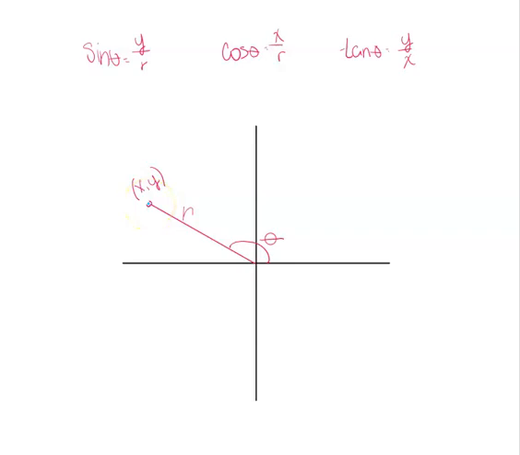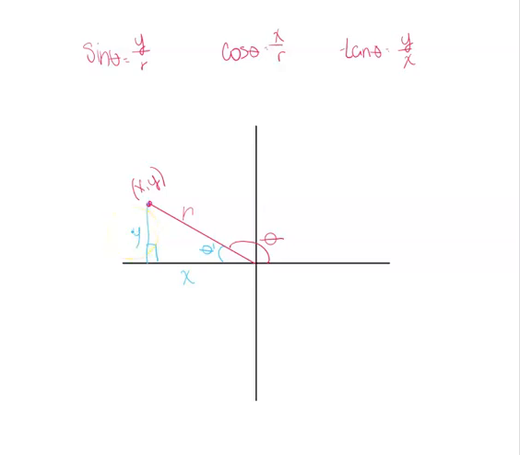But if we were to drop an altitude from the point xy down to the horizontal axis, then that gives us a right triangle. And here we have our reference angle theta prime in that right triangle. We know that this distance along this leg of the right triangle is x.